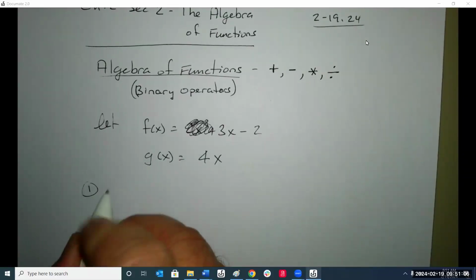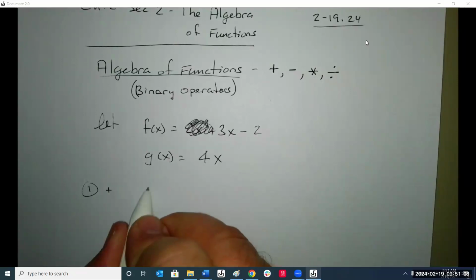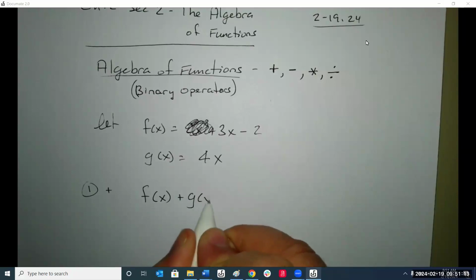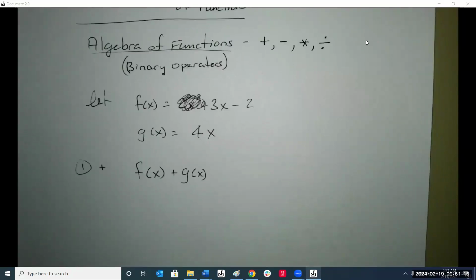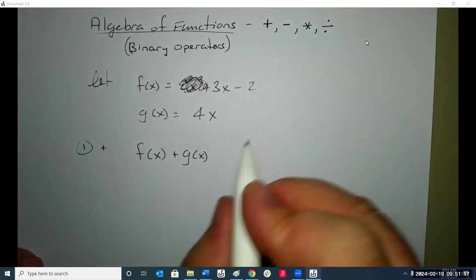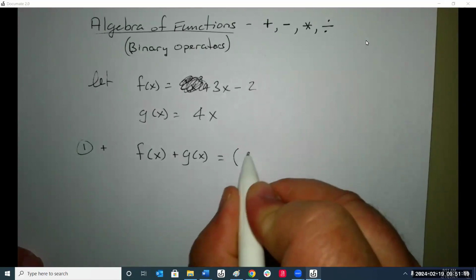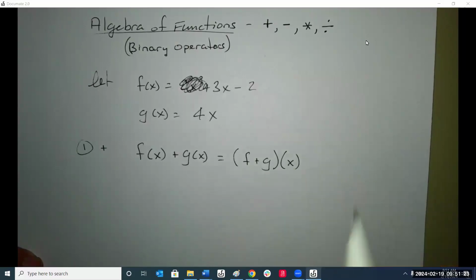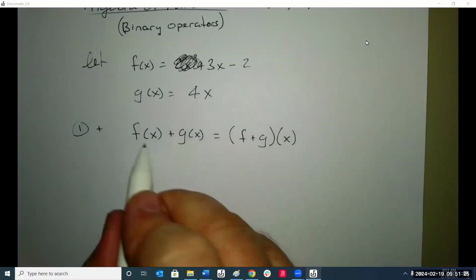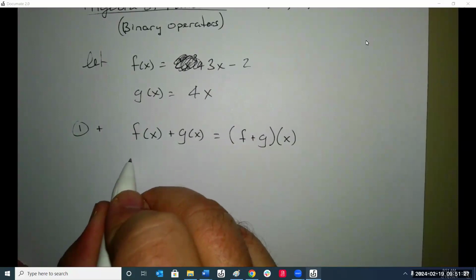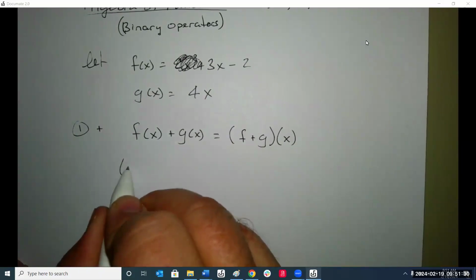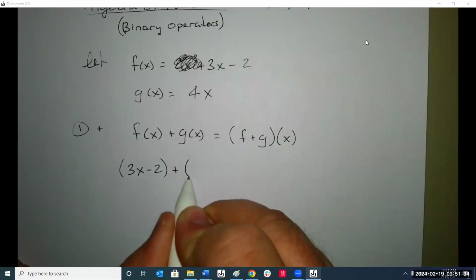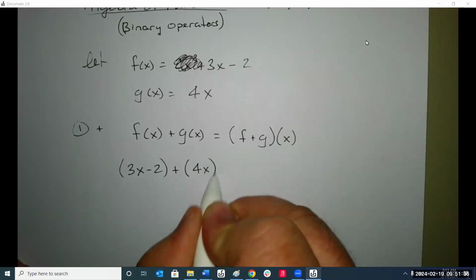So the first one we're going to do is addition. We're going to do f of x plus g of x. This can also be written f plus g of x. We can look at it that way as well. So what this says is take the first function, 3x minus 2, plus the second.